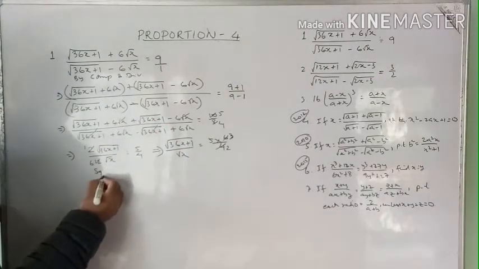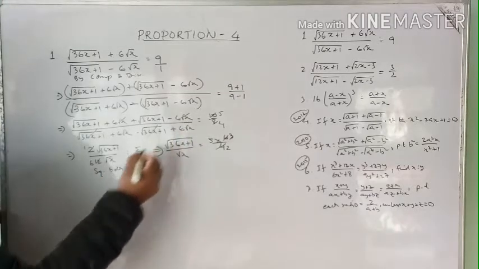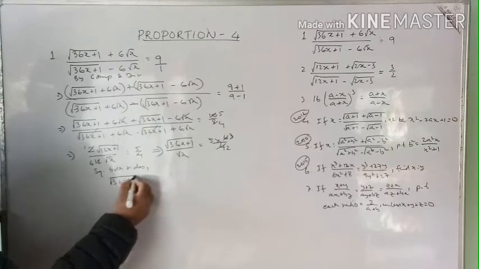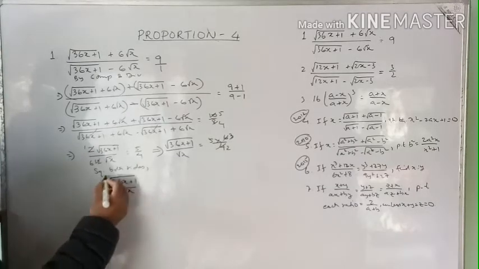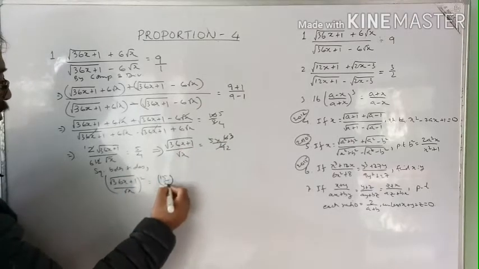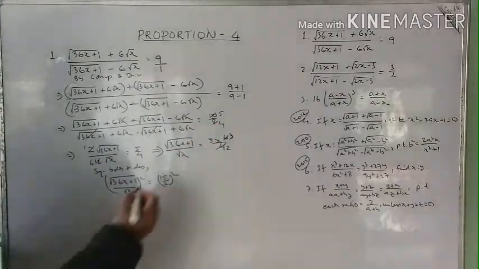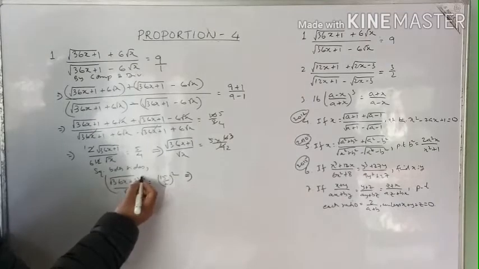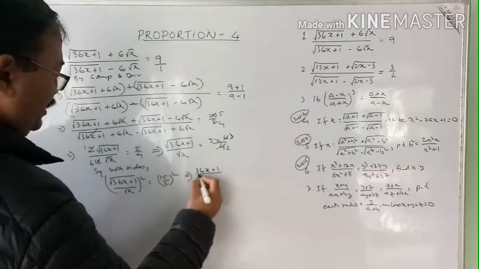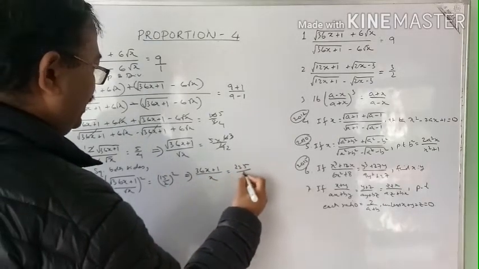So (√(36x+1)/√x) whole square equals (15/2) whole square. The square will cancel the root, so you get (36x+1)/x equal to 225 by 4.